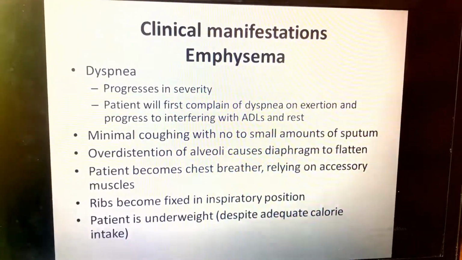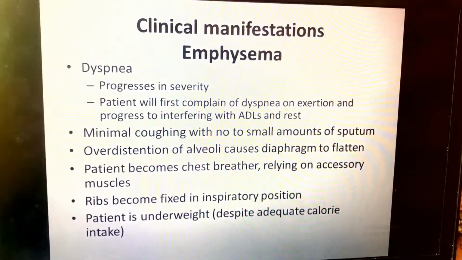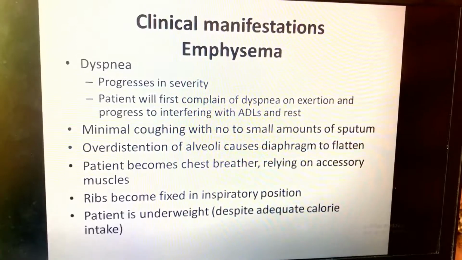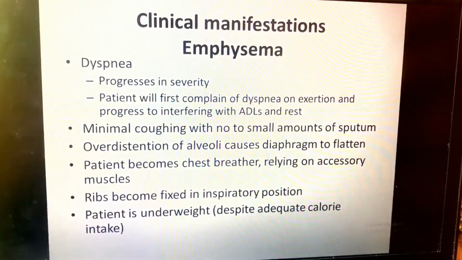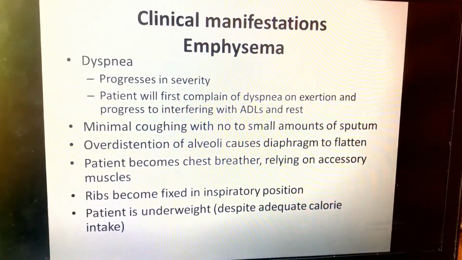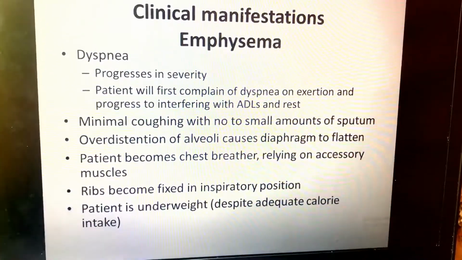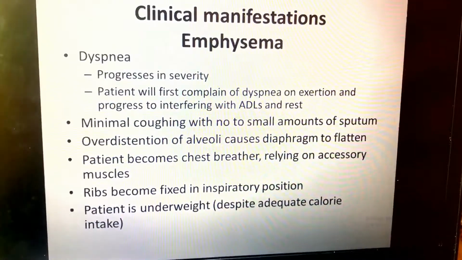The clinical manifestations of emphysema. We have dyspnea, progressing in severity. The patient will first complain of dyspnea on exertion, and it progresses to interfering with activity, breathing, and rest.